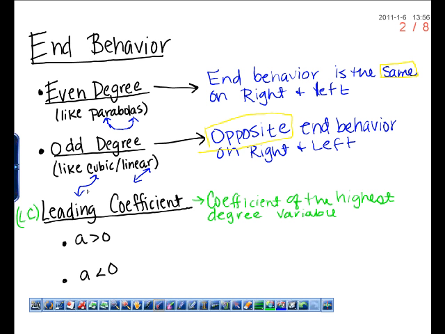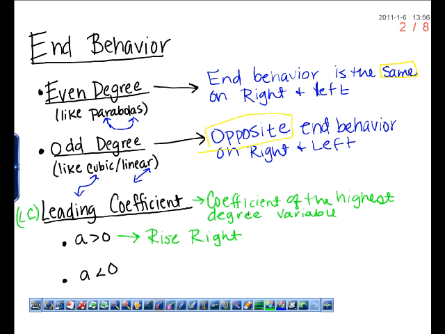All right, I'm going to let A represent my leading coefficient. When my leading coefficient is positive, when my leading coefficient is greater than 0, that means I'm going to rise right. What that means is that as my x's get really, really big, my y's are also going to get really, really big.